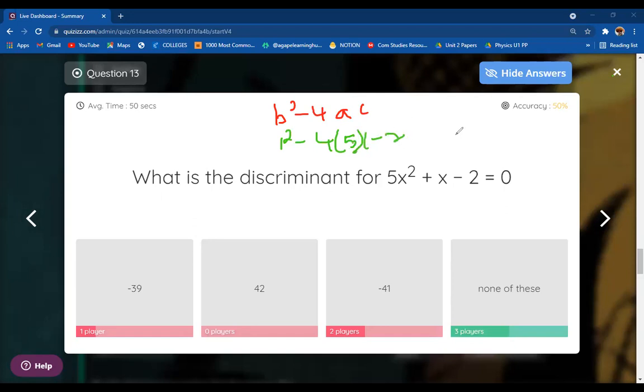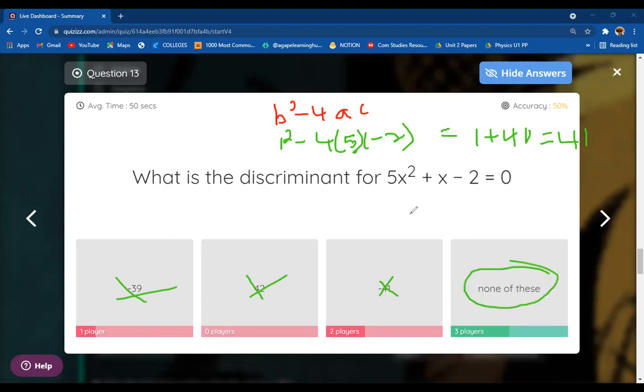So that's 1. Minus 4 times 5 is minus 20. And minus 20 times minus 2 is 40, so 41. So it is not minus 41. It's definitely not 42 and not minus 31. That is why this is the answer.